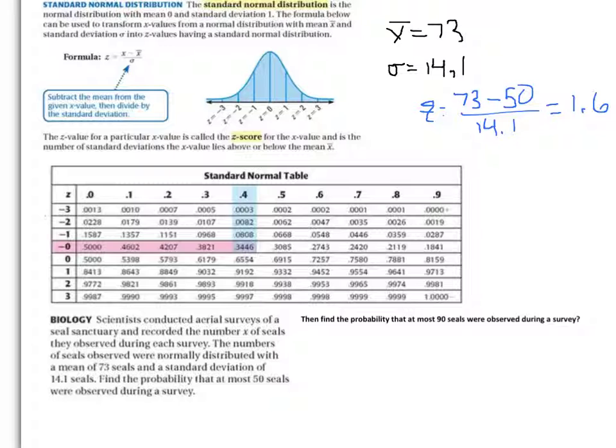I knew something was up. It shouldn't be 73 minus 50. It should be 50 minus 73. It's x minus x bar, so it would be negative 1.6. So you go to negative 1.0, 1.1, 1.2, 1.3, 1.4, 1.5, 1.6. So the probability of that happening is 0.0548.